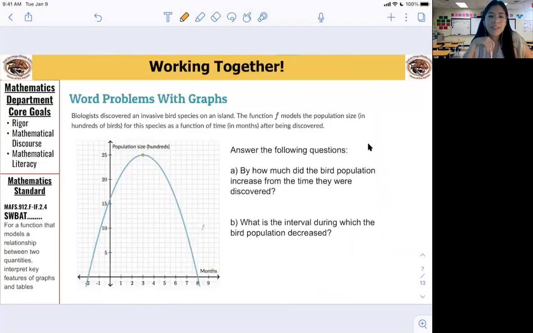All right. I have the same graph, but now I have two different questions. I want everyone to take about a minute to think about these questions and see if you can answer them. Take 1 minute.